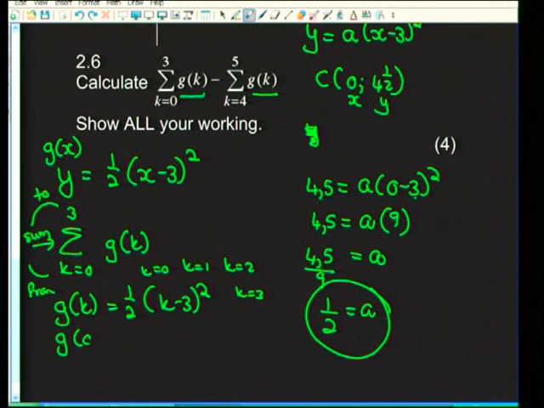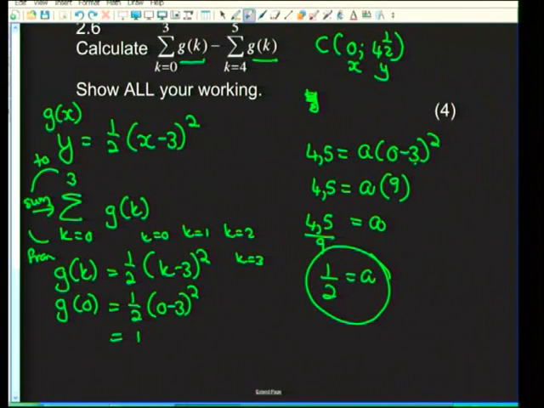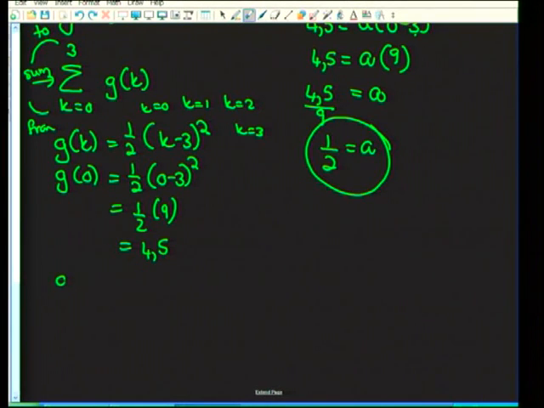So we're going to say the g of 0 would be a half of (0 minus 3) squared, which is a half of 9, which is 4.5. Okay, the g of 1 would be a half of (1 minus 3) all squared, which is a half, and that's going to be negative 2 squared, which is 4. Half of 4 is 2.